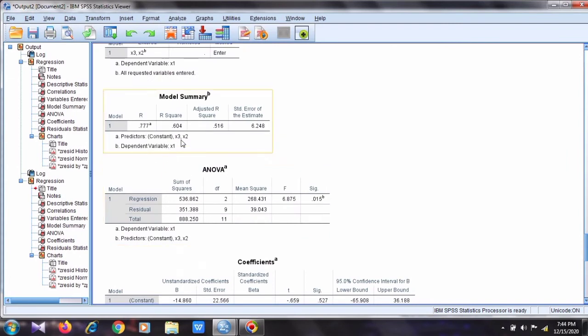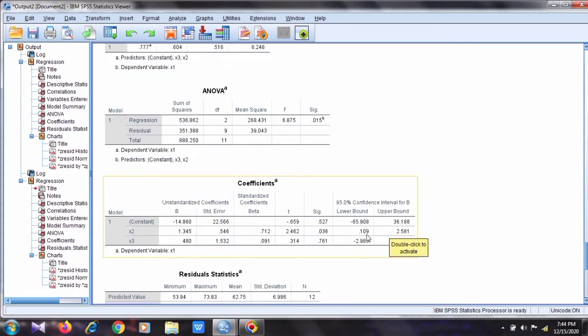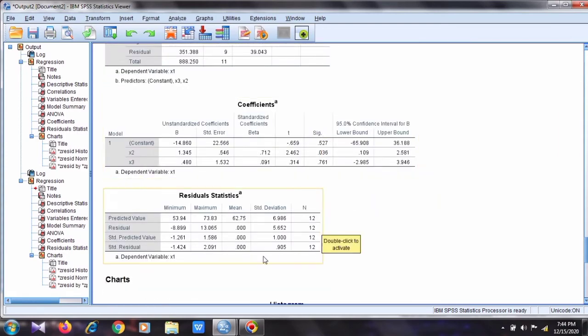Here you can go for R square, adjusted R square, anything is okay. You go for adjusted R square whenever there is a confounding factor. We will have a significant value here, 0.015, and in the coefficients you can have those.